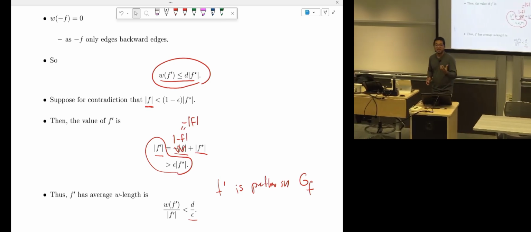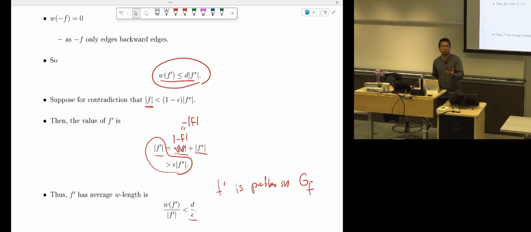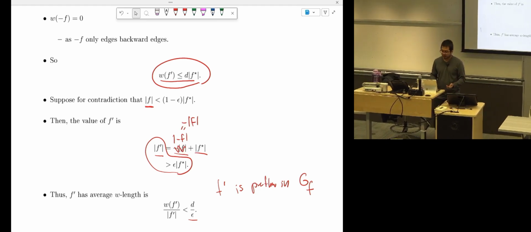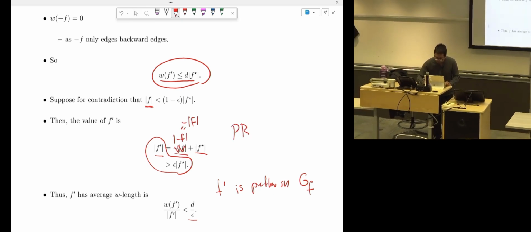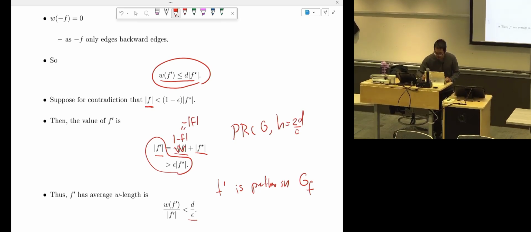What's the guarantee that push-relabel says about GF? I just write PR of G with H equals this thing. What's my guarantee? It returns some flow here. What's the property of GF?